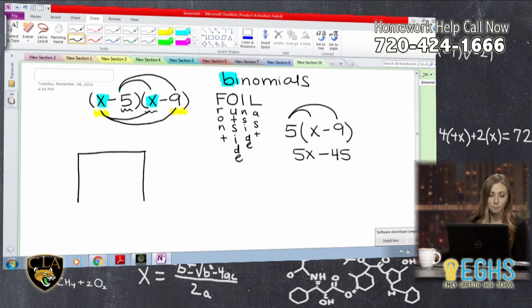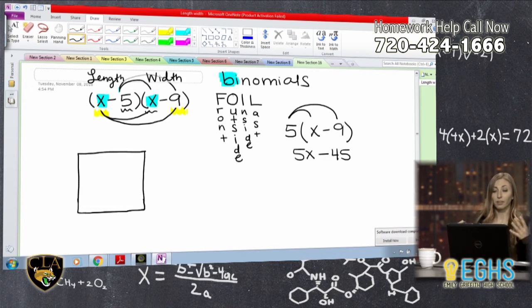The area model just goes with the idea that if we're multiplying a length and a width together, the area is our product. So I could almost pretend that this first binomial is my length, and then this second binomial is my width, and that whatever the area is would be the product of the 2 of these binomials.